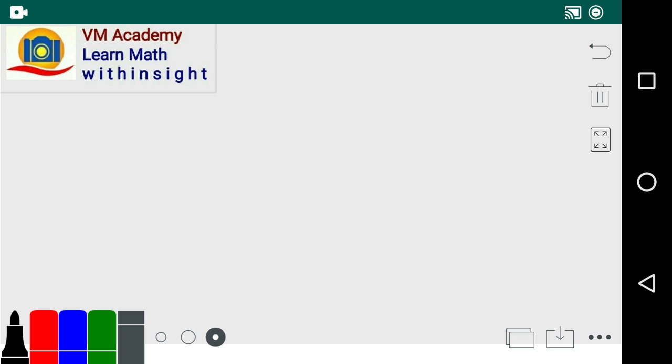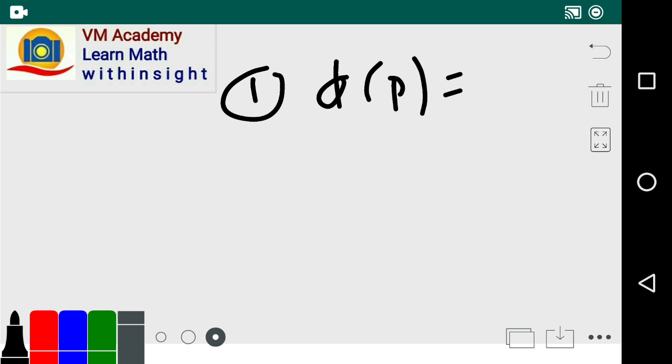So our first result is phi of p is nothing but p minus 1. Phi of p means the total number of numbers that are co-prime to p, that is, they do not share any prime factor with p and are less than p.